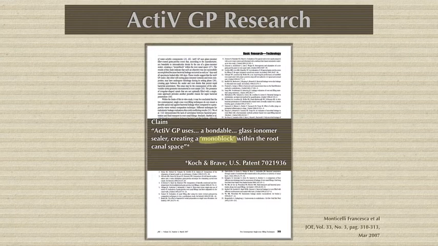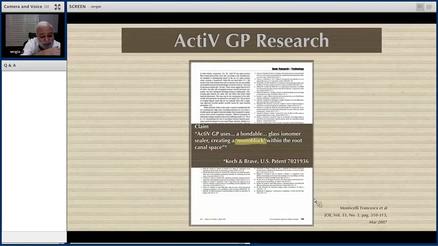You can actually see this because those were the instructions of this material. Then you put the glass ionomer cement, and then you place inside, all the way to working length, this single cone Active GP, and you wiggle that in the canal, and then you sever with heat at the entrance of the canal, and you have created a monoblock.